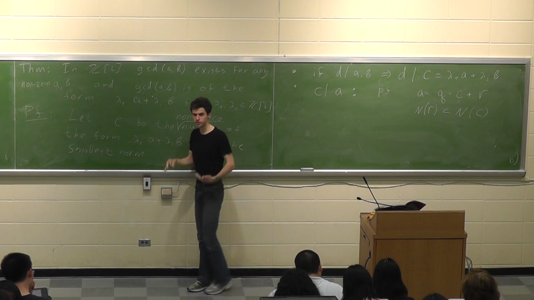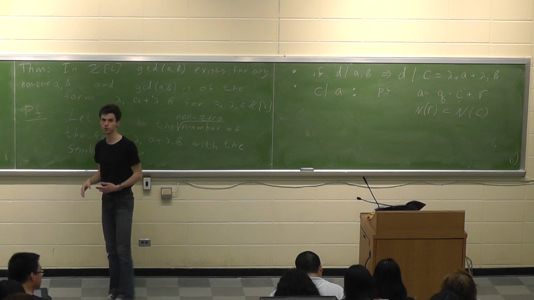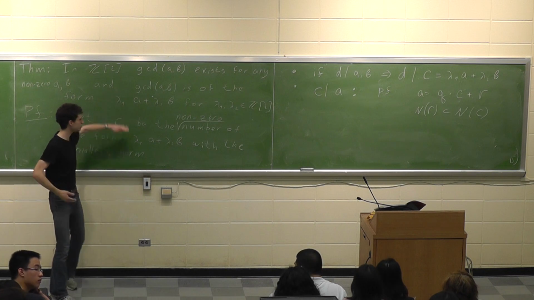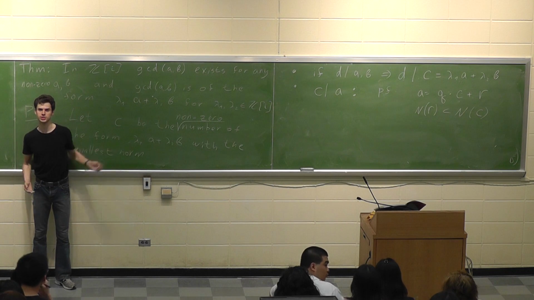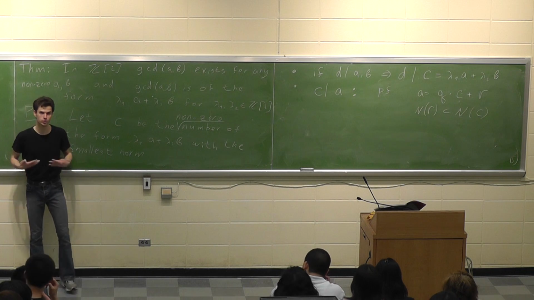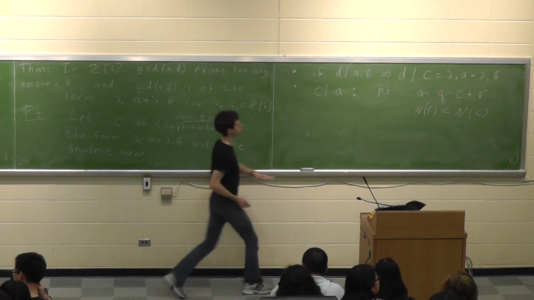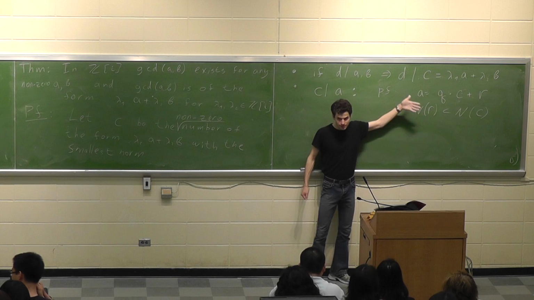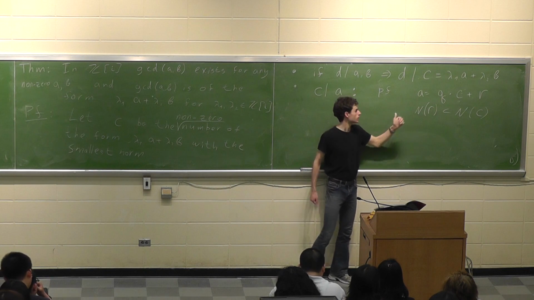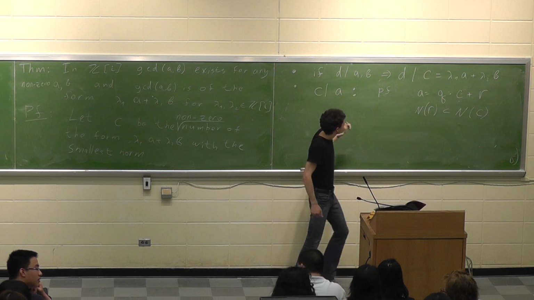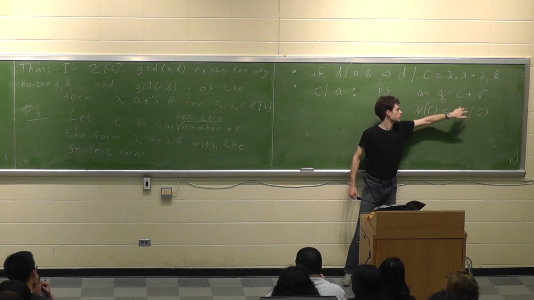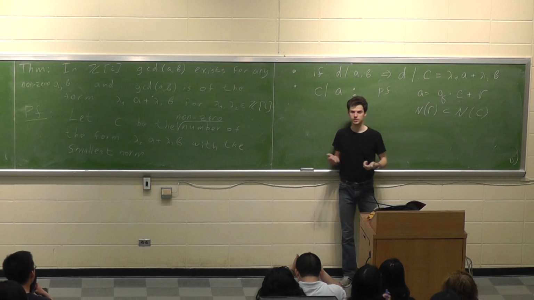I can do this because I work in Gaussian integers. It's not automatic. Like all the previous arguments, this one is not automatic. I had to work, I had to show that actually I can do this. Well, I want to show that A is actually divisible by C, so I want to show that R is 0.